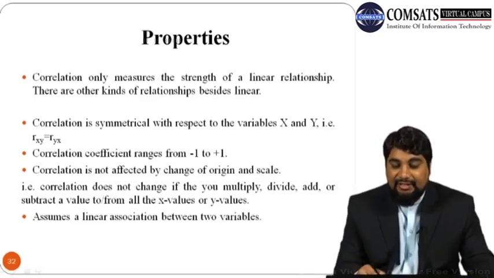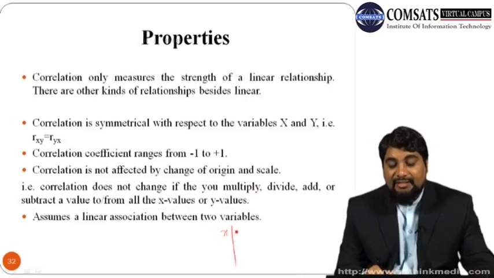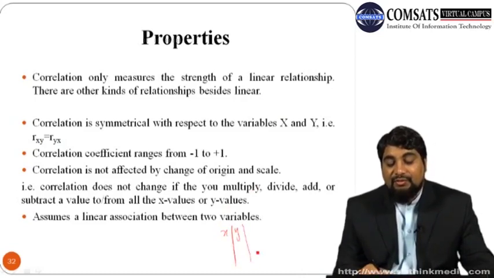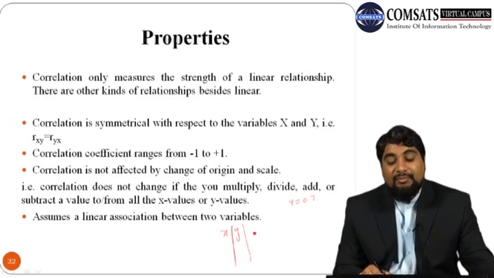Let me illustrate it here. Suppose we have data on two variables x and y, and suppose the correlation between x and y is found to be 70%. Now add, let's say, the number 5 to each of the x values and calculate the correlation between y and x plus 5.